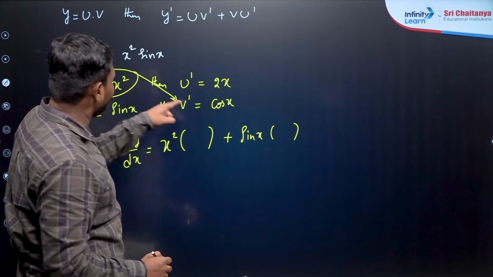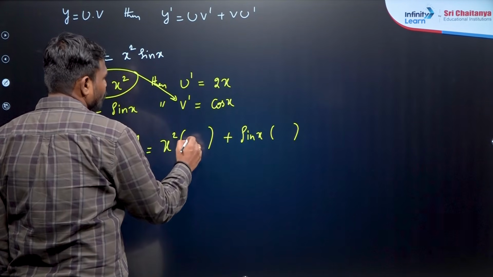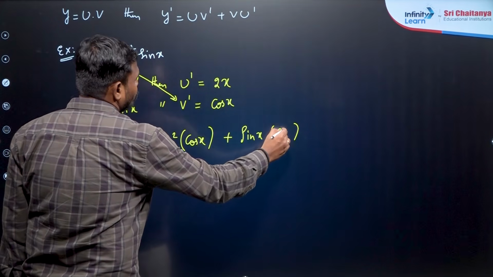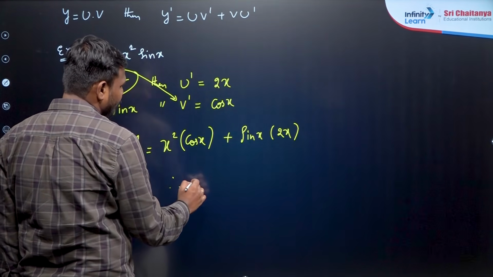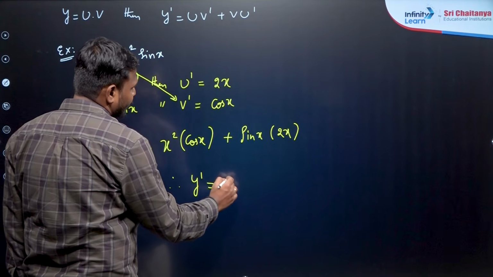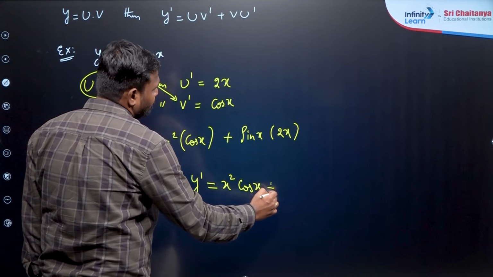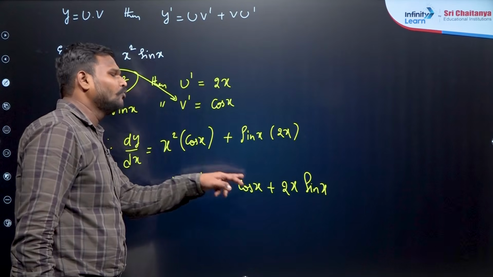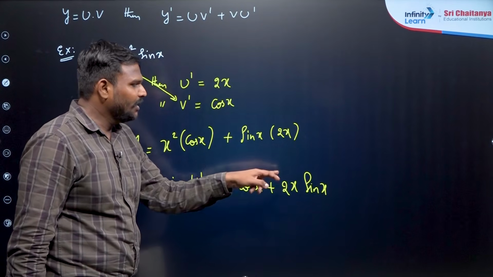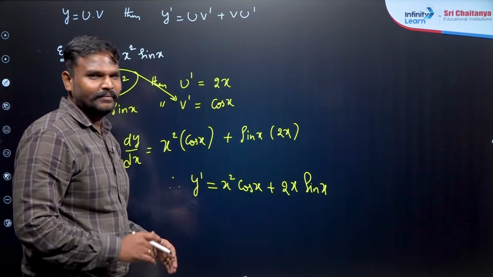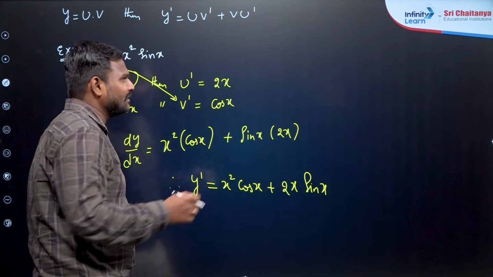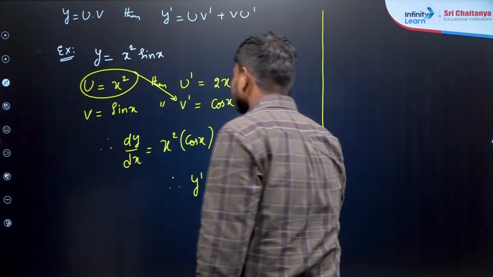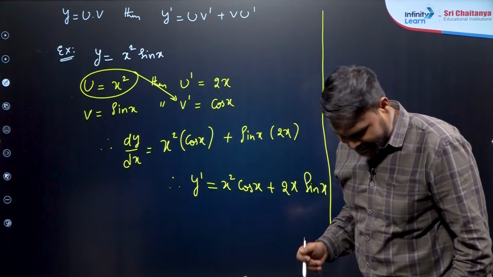The derivative of v is cos x, the derivative of u is 2x. Therefore the answer will become x square cos x plus 2x sin x, u v dash plus v u dash. More examples we will discuss in the class, sir.